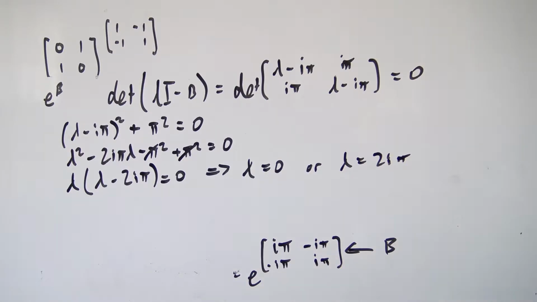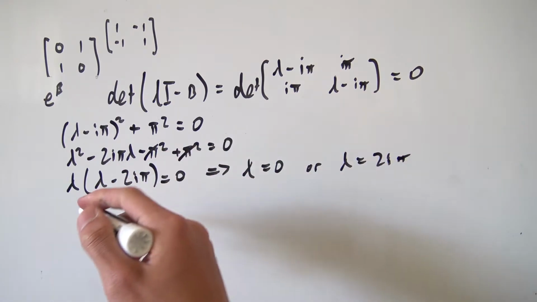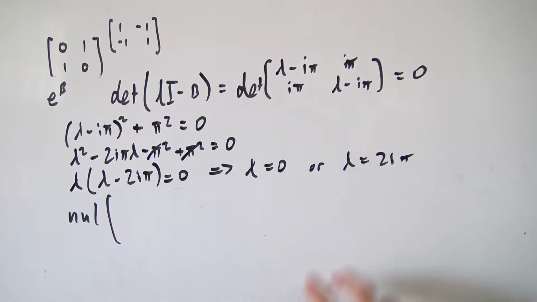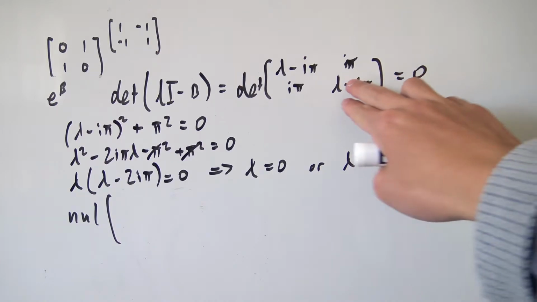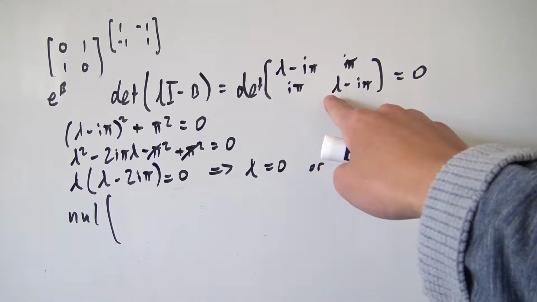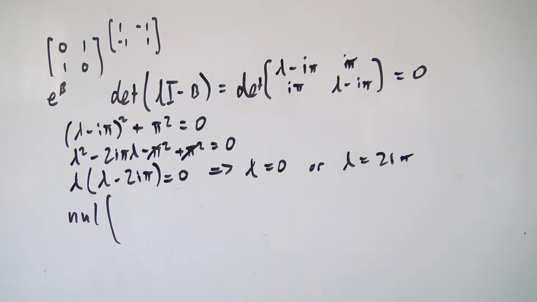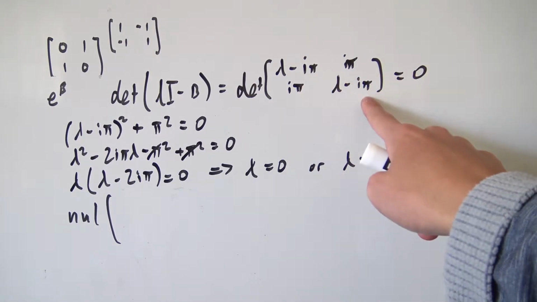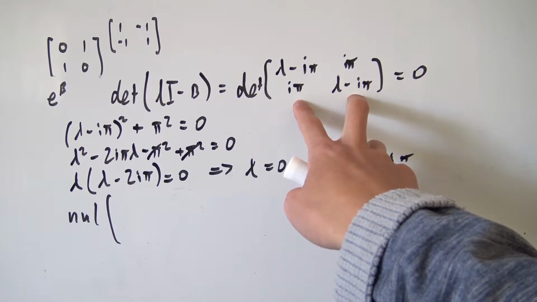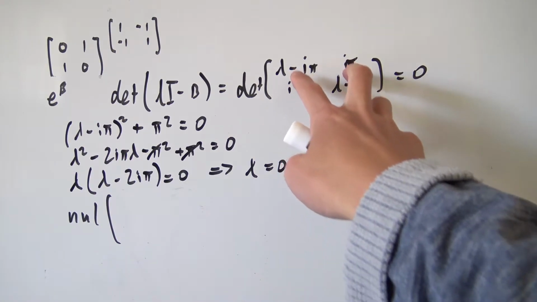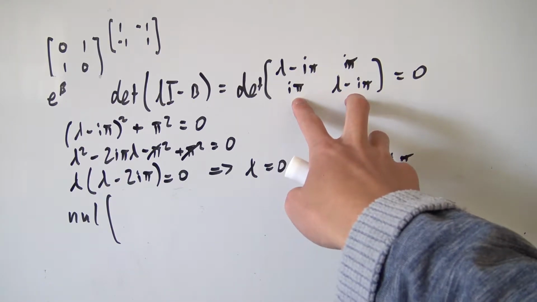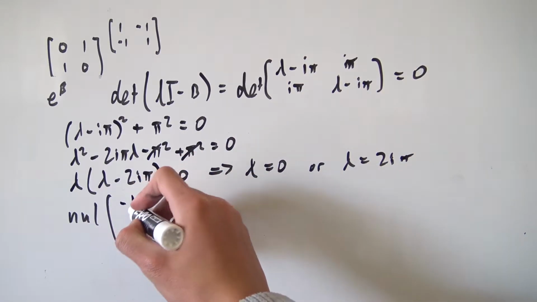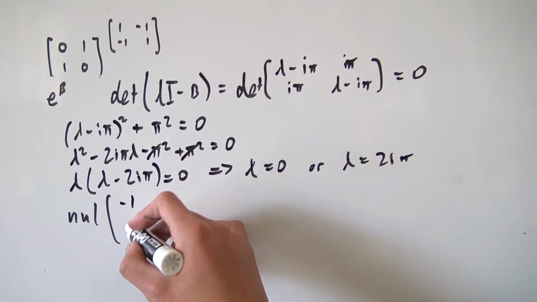And now to find our eigenvectors, just like before, plugging those into this matrix right here and finding the null space of that. What we can actually do right here, since all of those will have a common factor of i times pi, we can divide by i times pi to get -1, 1, 1, -1. And we can add the bottom to the top to turn the bottom into 0. So we're going to have something like -1, 1, 0, 0.